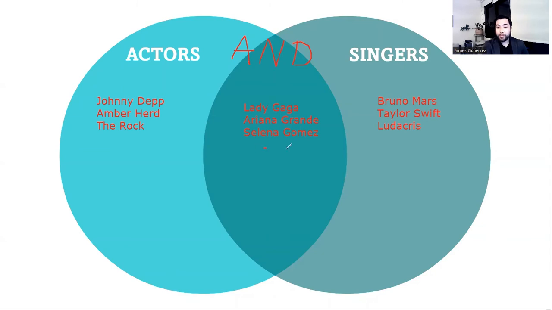If you said this one here in the middle, you would be absolutely correct. Actors and singers. Only the group where the Venn diagram comes together, which includes Lady Gaga, Ariana Grande, and Selena Gomez, would be included in your search because they have all of the criteria that you're looking for. They are both actors and singers.